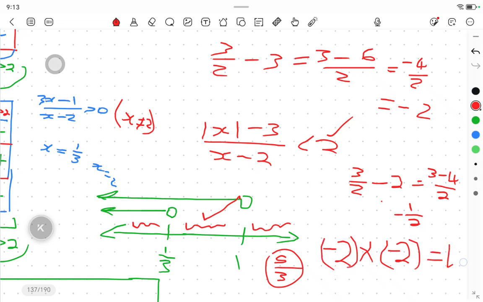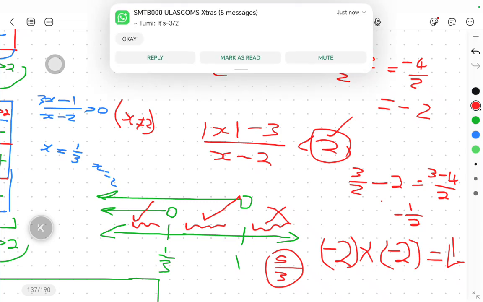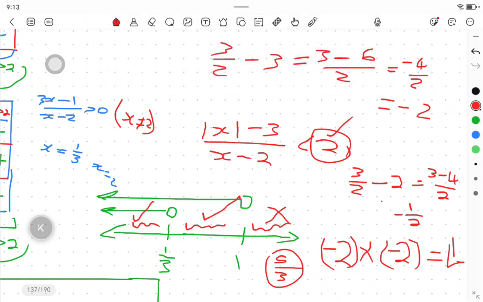And this will give us what? A 4. Is a 4 less than 2? No. So this won't satisfy the side, right? Then we check here. Obviously here, if I plug any number less, it will always satisfy because the one here was satisfying, right? So it means that we are going to, it's what? It's minus what? Minus 3.